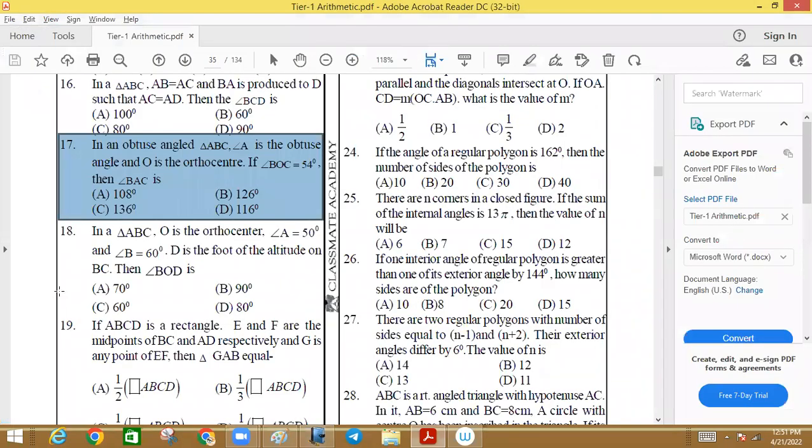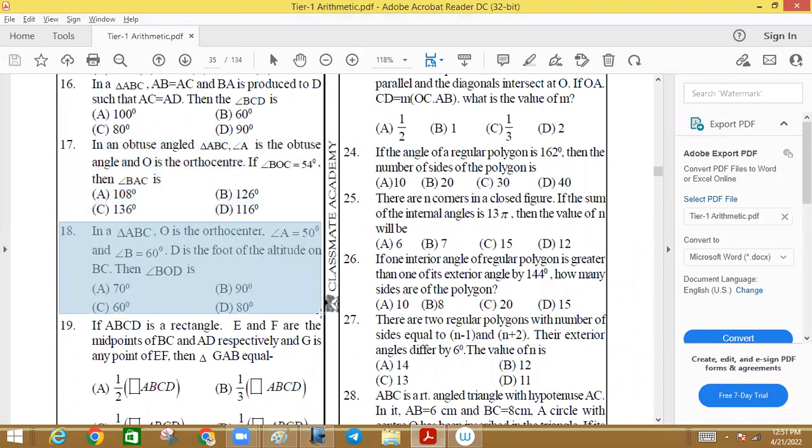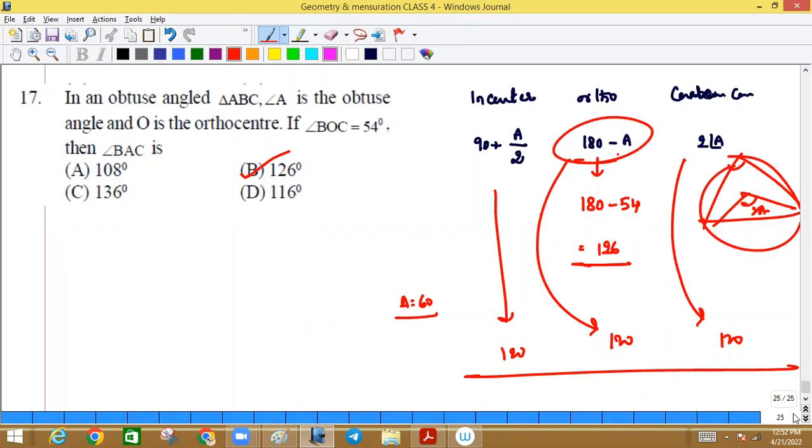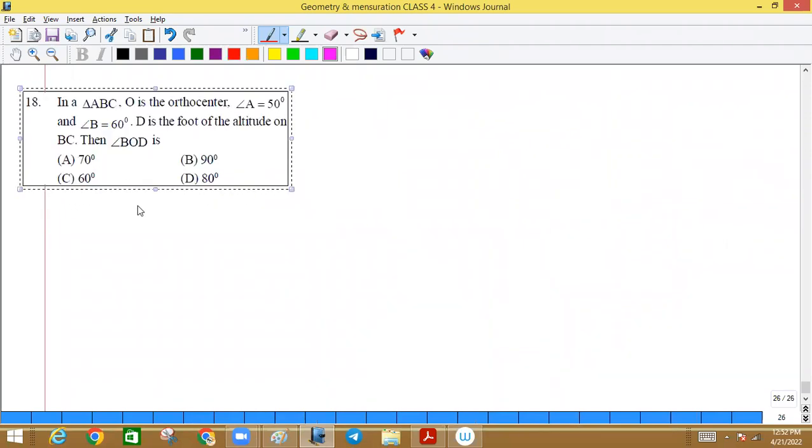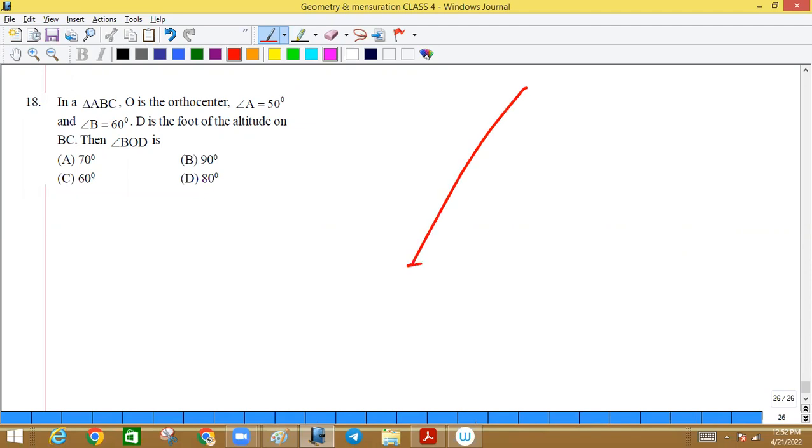Look at the 18th one. Triangle ABC, O is the orthocenter, angle A equal to 50, angle B equal to 60. Therefore, what is missing? C. I'll take C here. And what is angle C? Can I say it is 70 degrees?